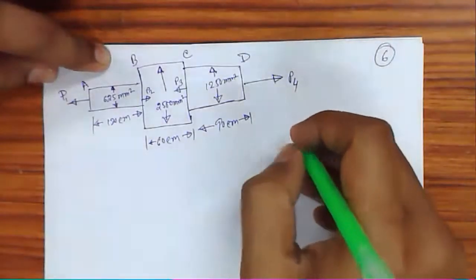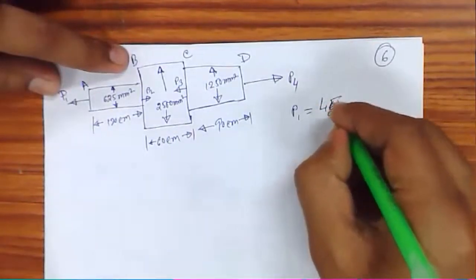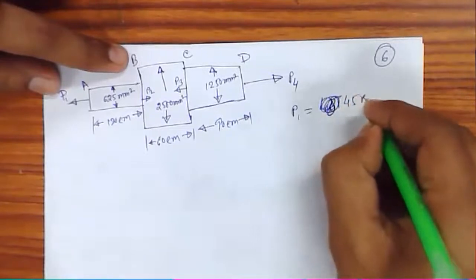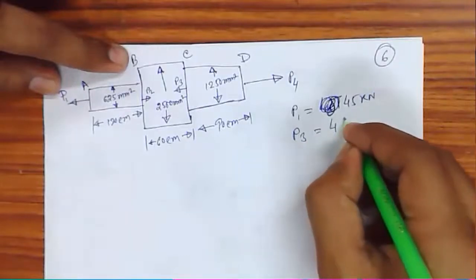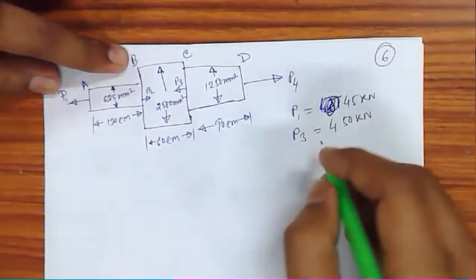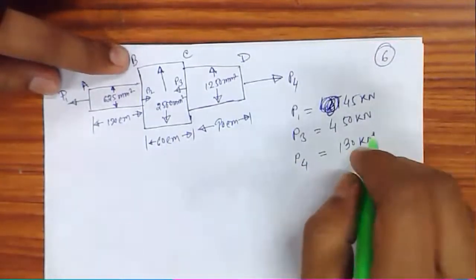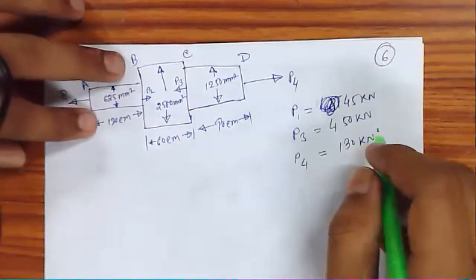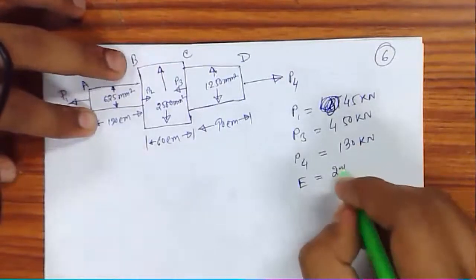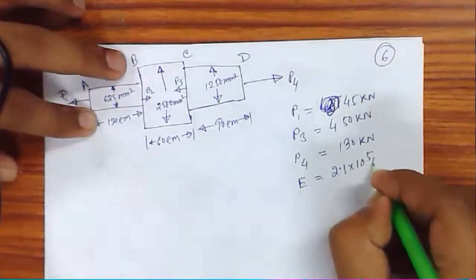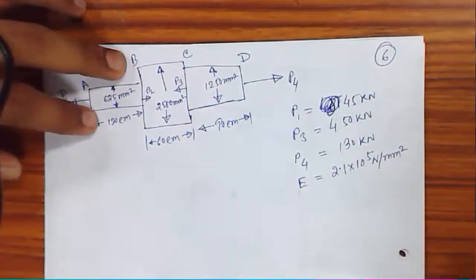Now, P1 is 45 kilonewton. P3 is 450 kilonewton. P4 is 130 kilonewton. And E is given 2.1 into 10 to the power 5 Newton per millimeter square. Okay, this is the given data.